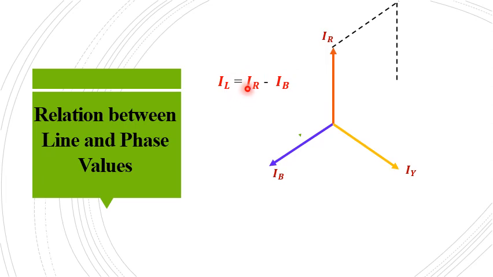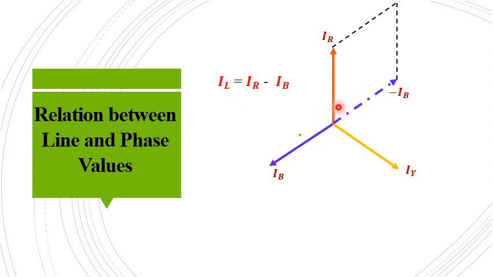Similar to the earlier case, we need to find IR minus IB, or we can write it as IR plus minus IB. The minus IB can be drawn in the direction opposite to IB. So this is your minus IB. Using vector addition, we can find the line current.